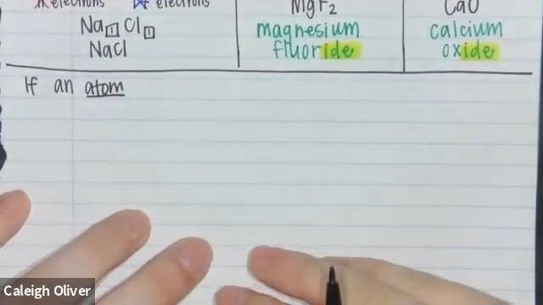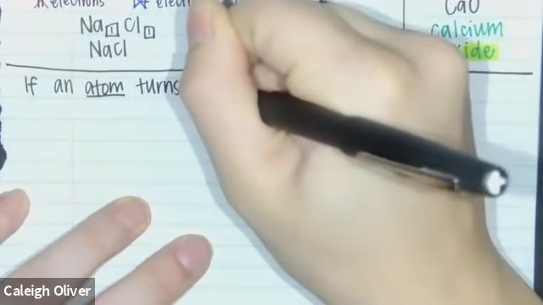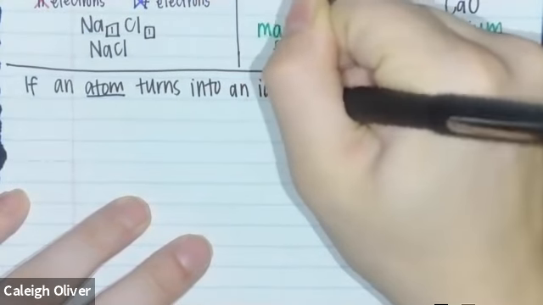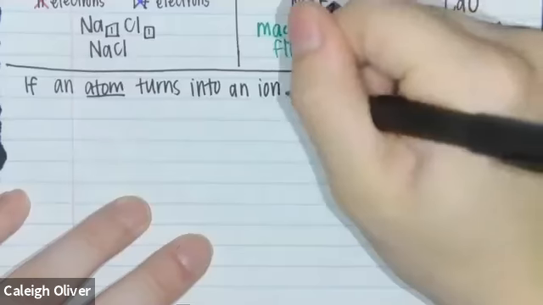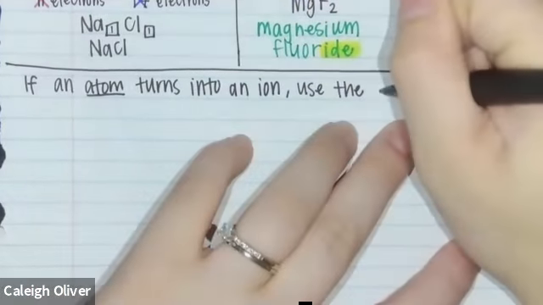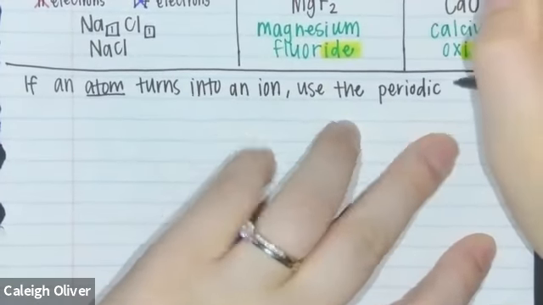So if a regular atom turns into an ion, then you use the periodic table to figure out the charge.